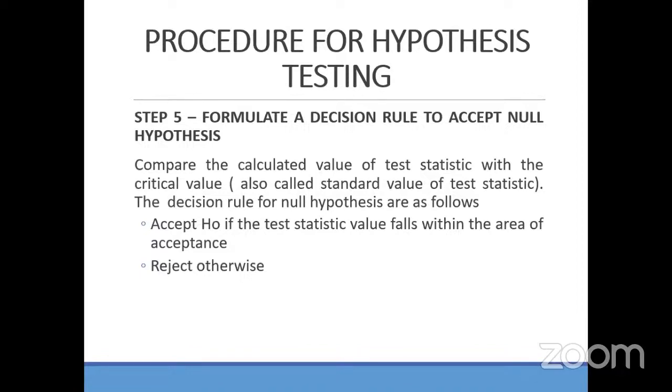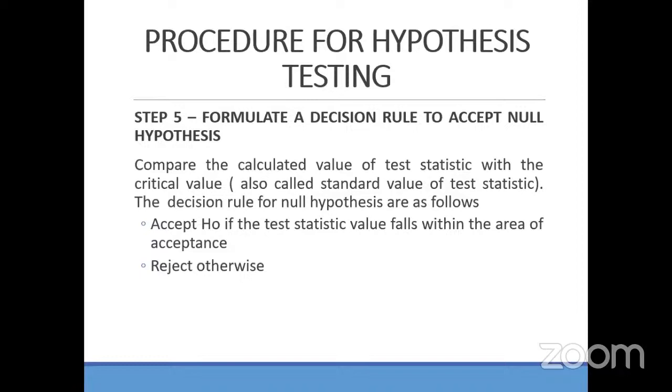And maybe the most important these days is called the p-value approach, right? With the p-value approach, you cannot miss it. It is very tedious to find a p-value manually, which is why we use software for that purpose.